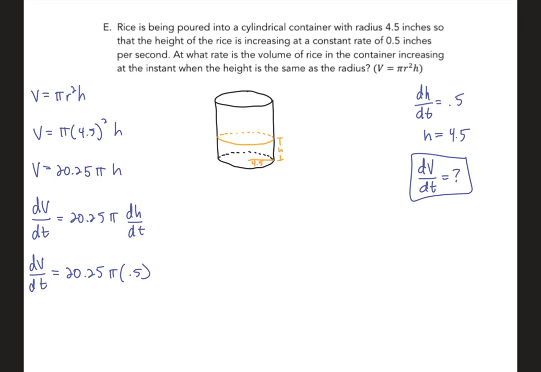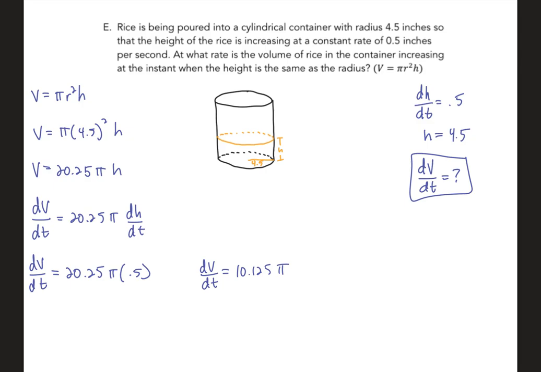So 20.25 times 0.5 is 10.125, and we'll just leave it at that. You could change it to 81 pi over 8. That's another way to write it, but we'll just leave it like that.